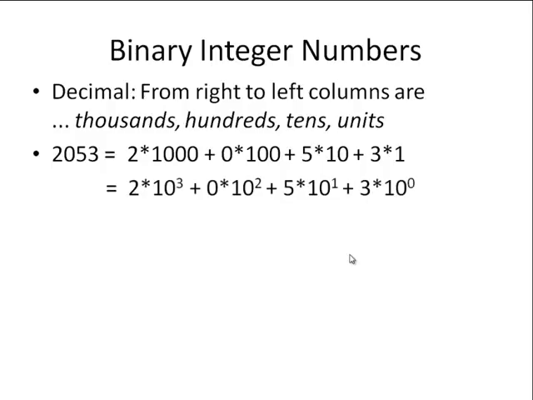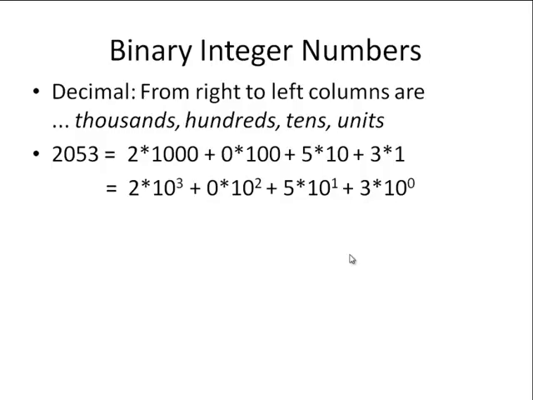That can also be written as 3 times 10 to the power of 0. So 10 to the power of 0 is 1. Any positive integer to the power of 0 is going to give us 1. 10 to the power of 1 just means 10. 10 to the power of 2 is 10 squared, and that's 100. And 10 to the power of 3 is 10 times 10 times 10, which is 1000.